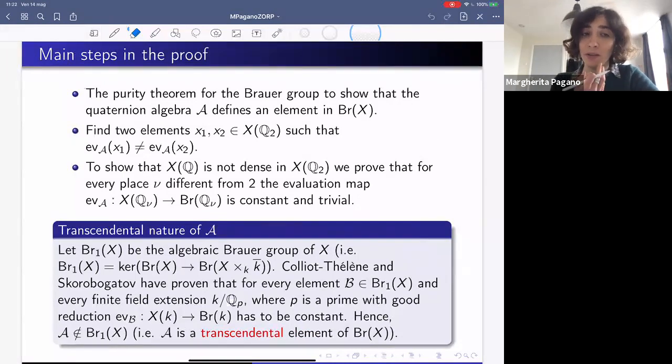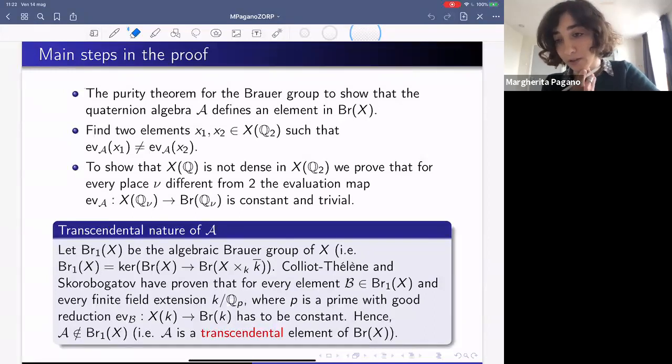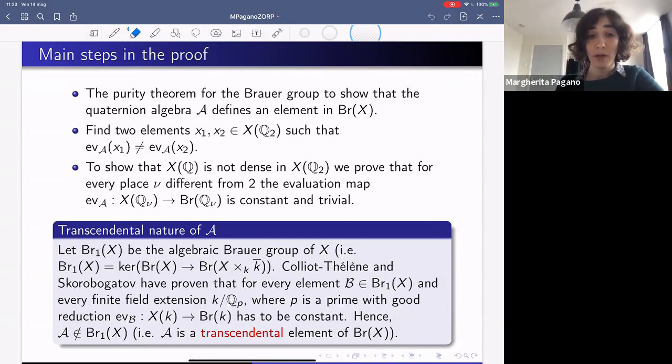The purity theorem gives you a recipe to detect if an element in the Brauer group of the function field of X defines an element in the Brauer group of X. One can just apply this theorem and see that this element defines an element in the Brauer group of X. Moreover, in order to see that the evaluation map from the Q2 points on X to the Brauer group of Q2 is non-constant, one can just find two elements in the Q2 points of X. These are just two non-trivial two-adic solutions of the equation, such that the evaluation map computed at x1 is different from the evaluation map computed at x2.